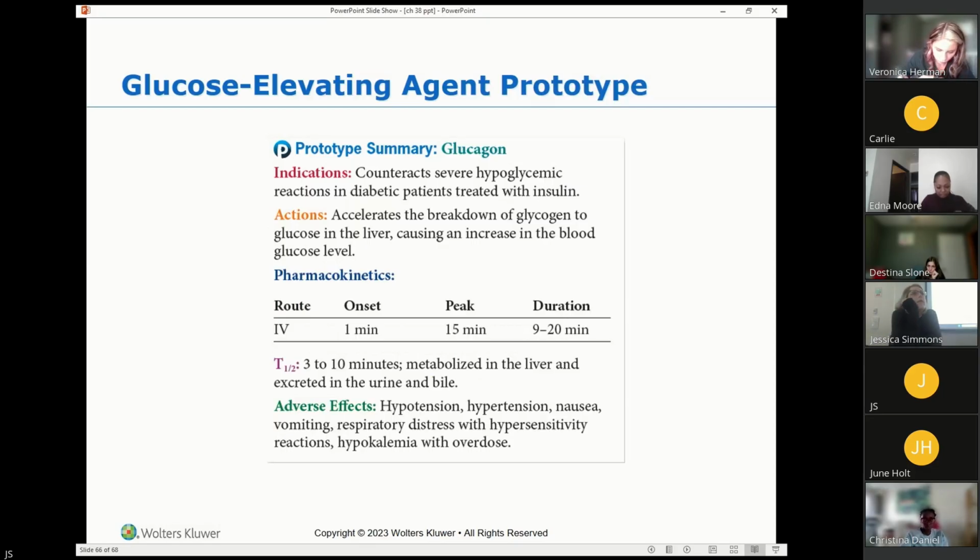The indication: it counteracts severe hypoglycemic reactions in diabetic patients treated with insulin. Adverse effects include hypotension, hypertension, nausea, vomiting, respiratory distress with hypersensitivity, and hypokalemia with overdose.